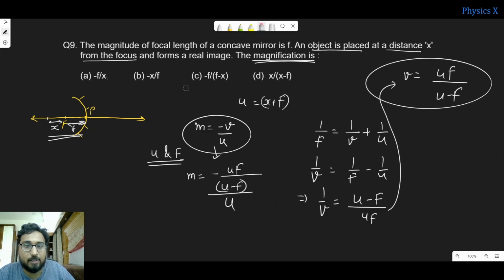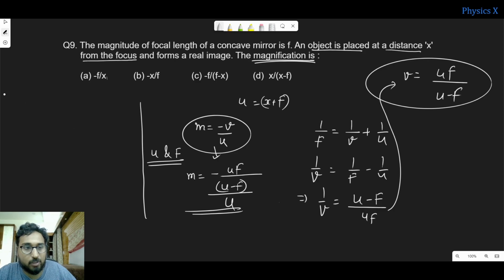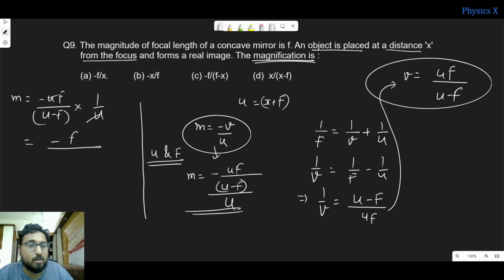So m is equal to minus uf upon u minus f, times 1 by u. This gets cancelled out, and you are left with minus f upon u minus f. And we know u is x plus f.